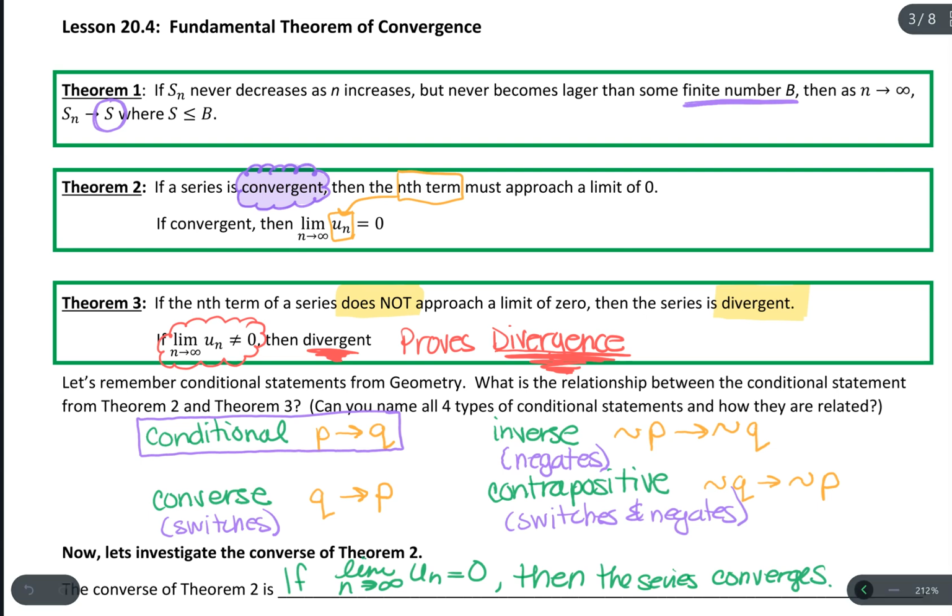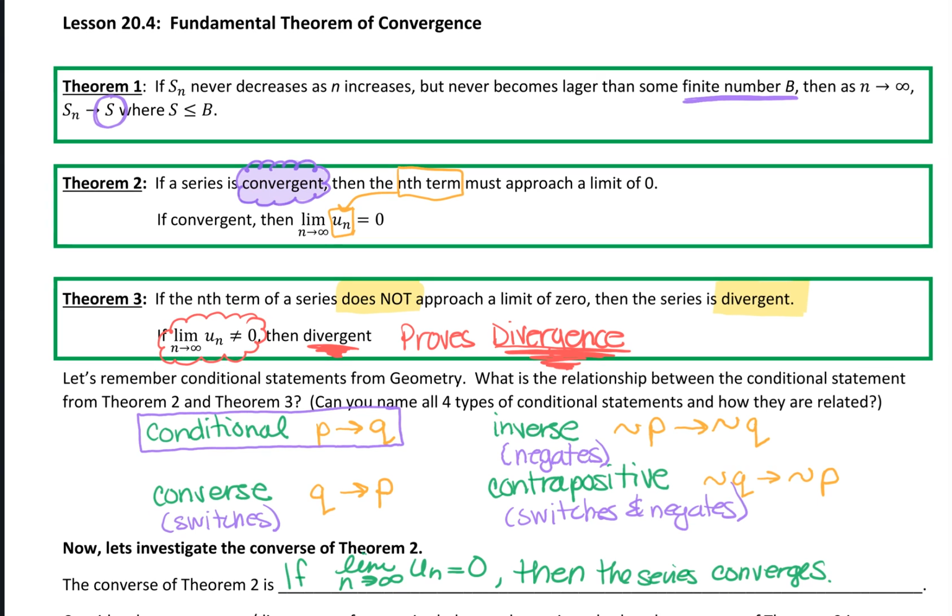All right, so looking at that converse of Theorem 2, we want to investigate the truth value of that converse. Is this converse going to be true, or is it going to be false? And how do we know when a converse will be true, when a converse will be false? Is there a relationship between the truth value of the converse and the truth value of the original theorem?